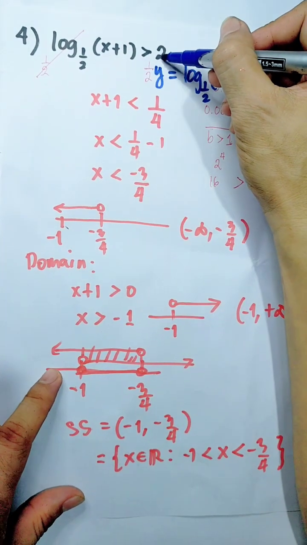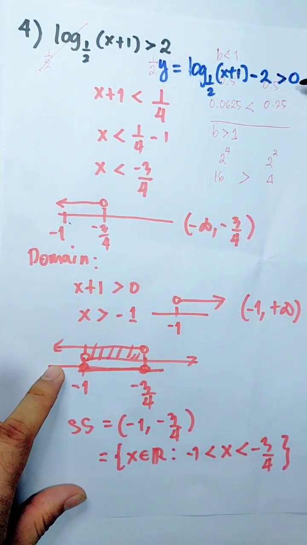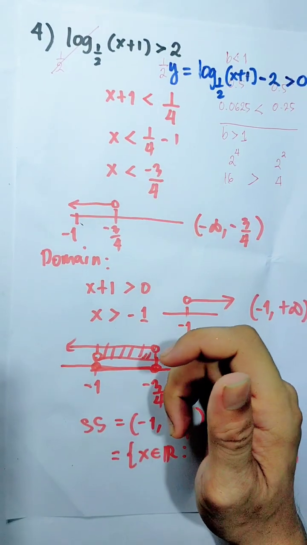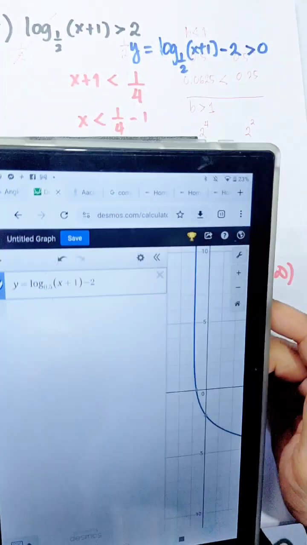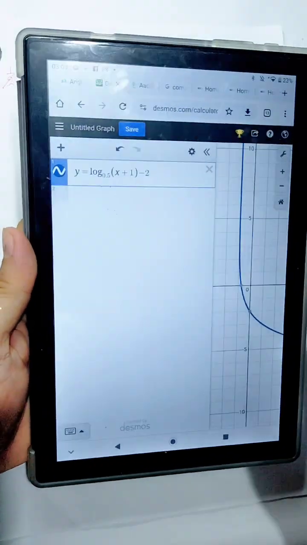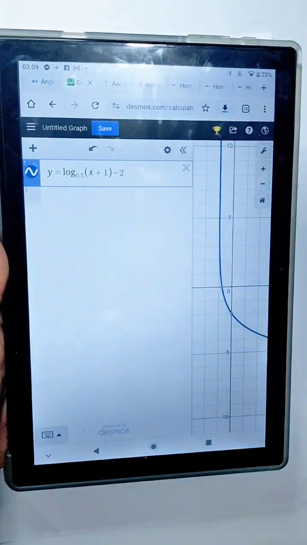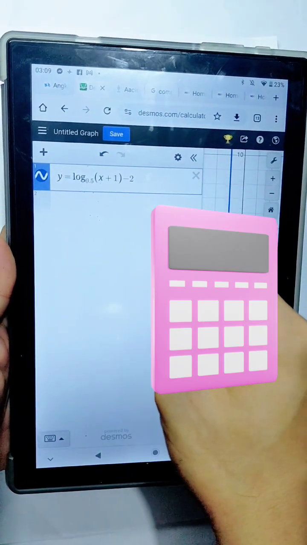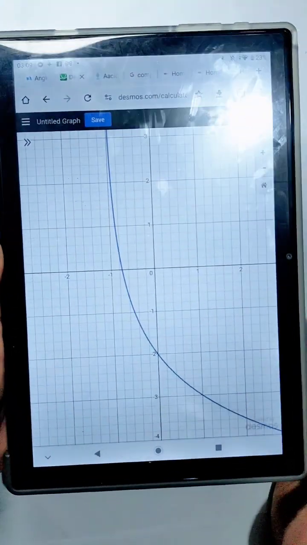Since we're moving the 2 to the left side, that will be minus 2 greater than 0. Now using the graphing calculator, okay, let's check it out. In the graphing calculator, I'm using 0.5 instead of 1/2. So this is log base 0.5 of x plus 1 minus 2. And let's look at the curve.